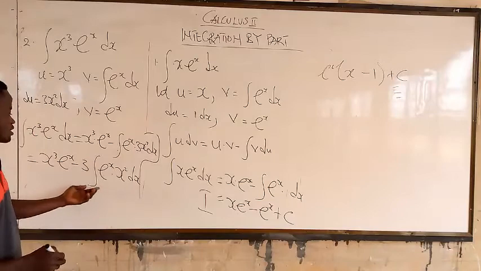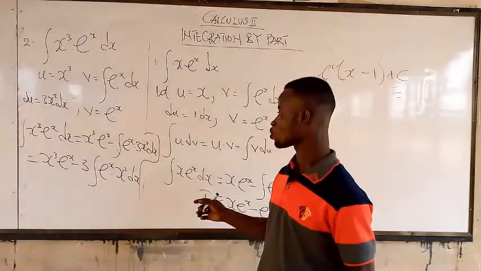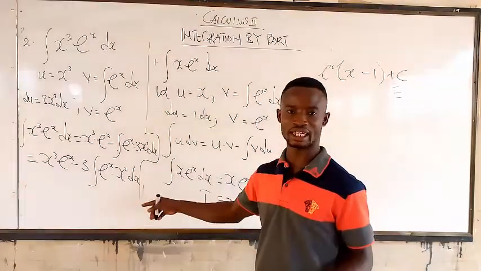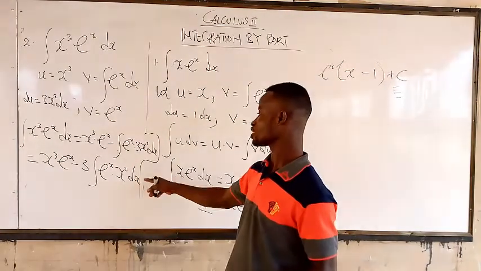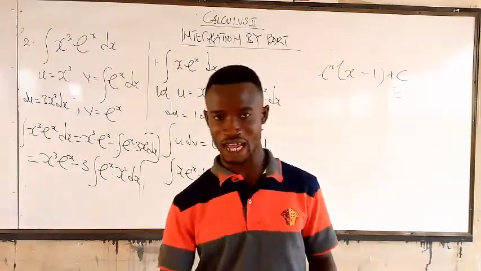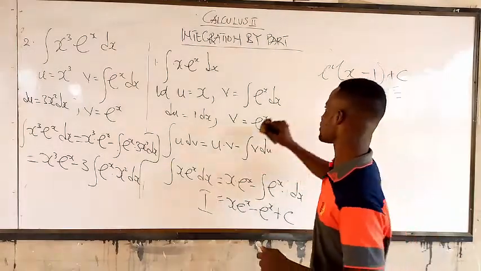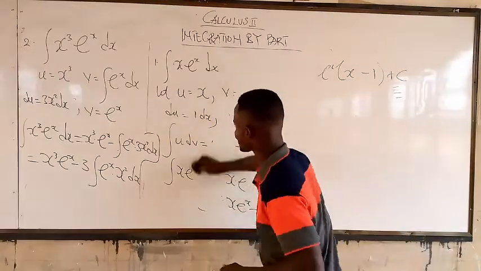Now you can see that we have gotten another product again. There is a repetition of another product rule. So we go for that. There is a repetition of another integration by parts. So we go for that again.